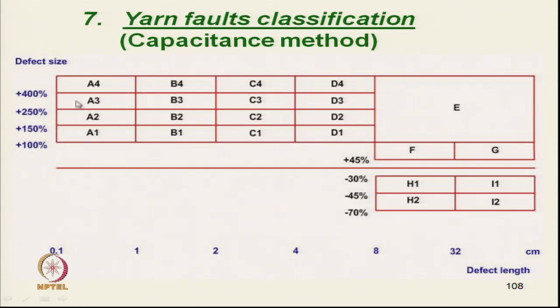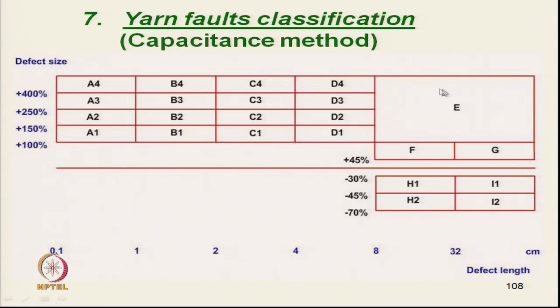So, it is a very thick fault. Similarly, if we go right, to B, C, D, the length increases. D4 means the length is up to 8 centimeter, and the mass per unit length is 5 times the average.